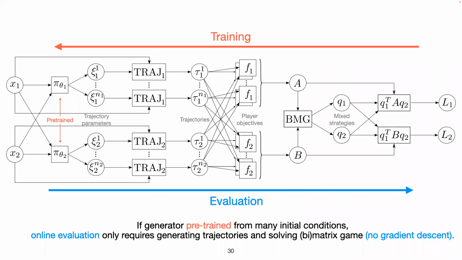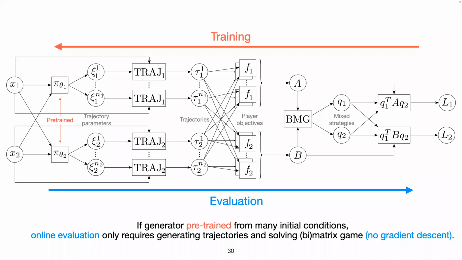So to pin this down, here's a computation graph of all of the important operations that are going to get performed here. There are initial conditions on the left, so x1, x2 for the two players that I'm showing. There are some maps that are parametrized to go between the initial conditions and parameters of the trajectories. There's a function which maps the parameters into the actual trajectory candidates.